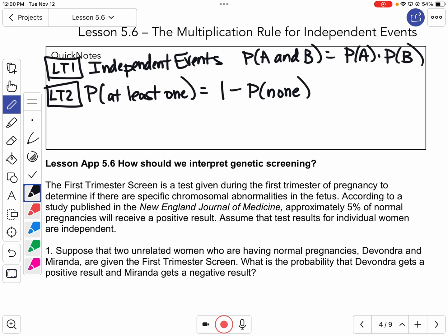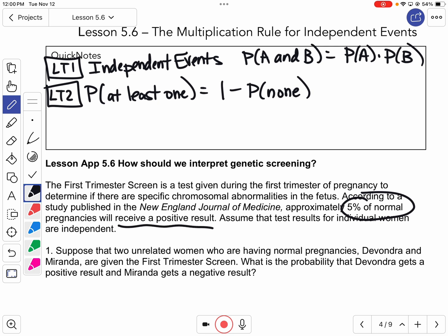Okay, so a first trimester screen is a test given during the first trimester of pregnancy to determine if there are specific chromosomal abnormalities in the fetus. According to a study published in the New England Journal of Medicine, approximately 5% of normal pregnancies will receive a positive result.